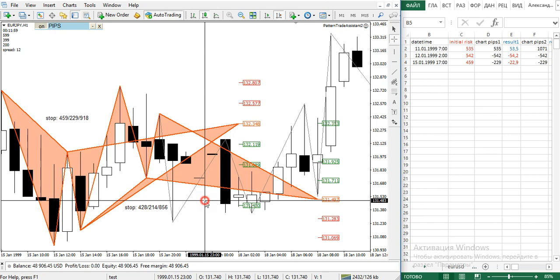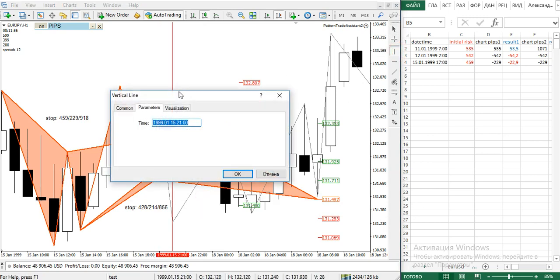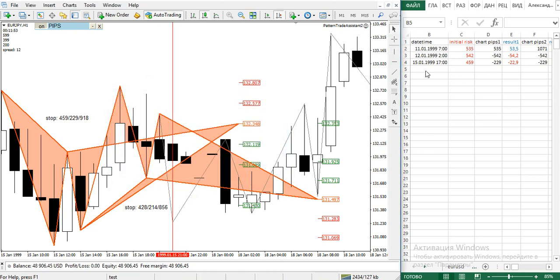So it is first target and then break even. Completed here, then we go here, 42.8, then we type 42.8, and we type 0 here, and let me calculate the results.